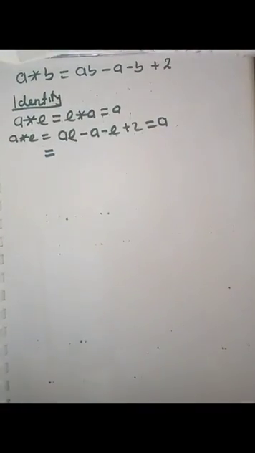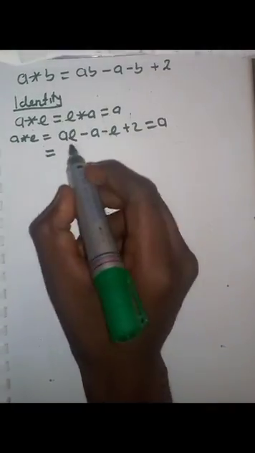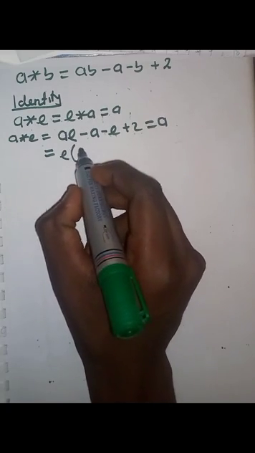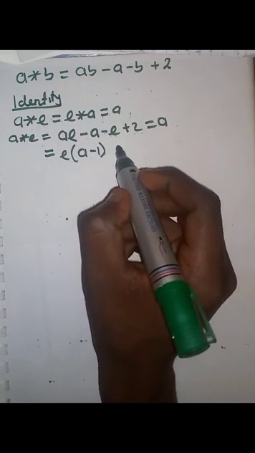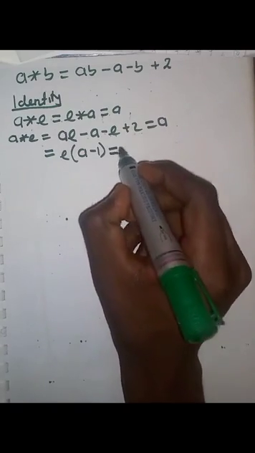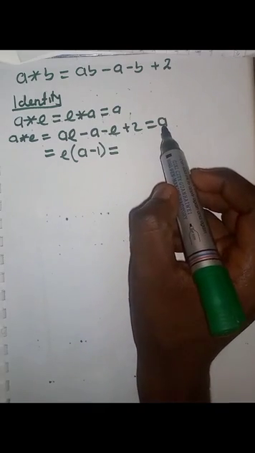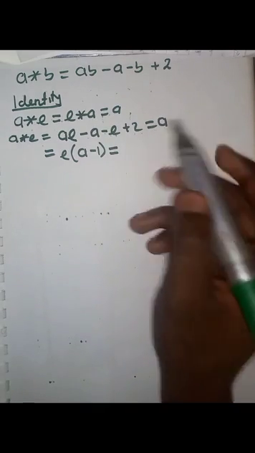Remember, I'm solving for E. I want to get the identity element E, so I'm going to make E the subject. I'll bring the E's together and factor it out, so I have E times A minus 1 equal to, bringing this A this way, 2A minus 2.